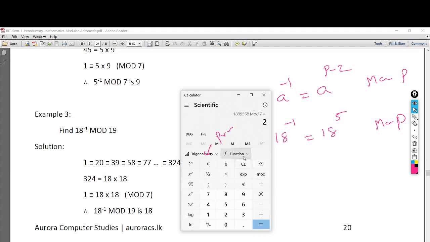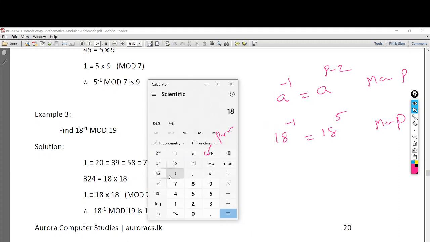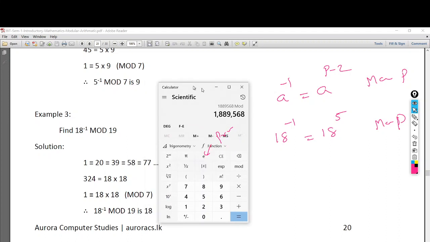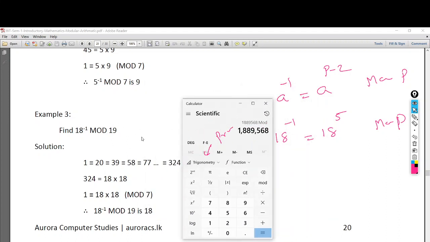I will update that, right? So I'm going to redo it. 18 to the power 5, sorry, 18 to the power 5, this one mod p, which is 19, which is again 18.